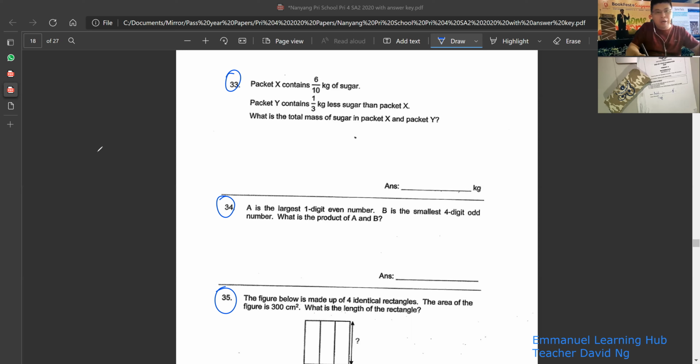Okay, it says here that packet X contains 6/10 kilogram of sugar, right? And packet Y contains 1/3 kilogram less sugar than packet X. So how do you find the amount of sugar in packet Y?